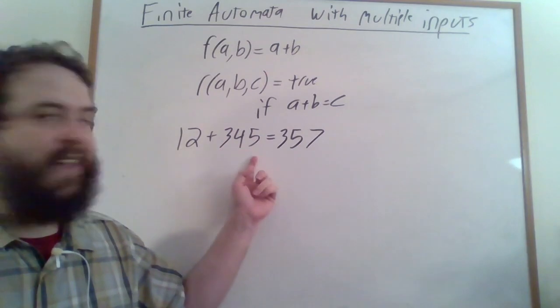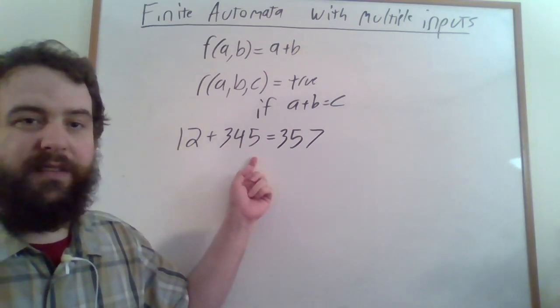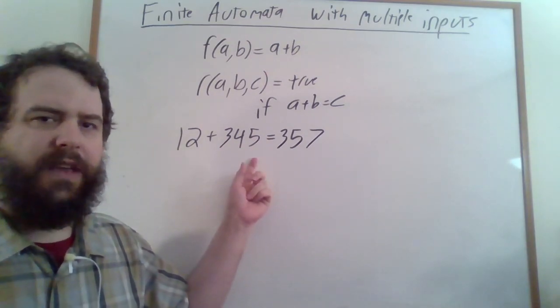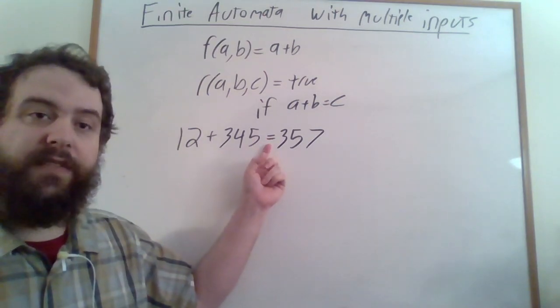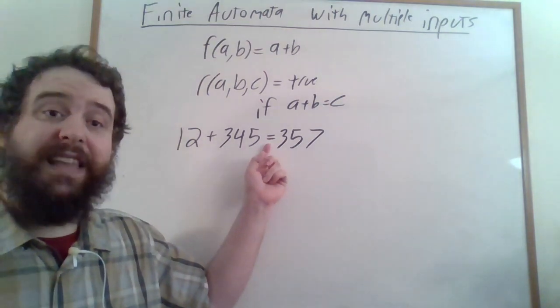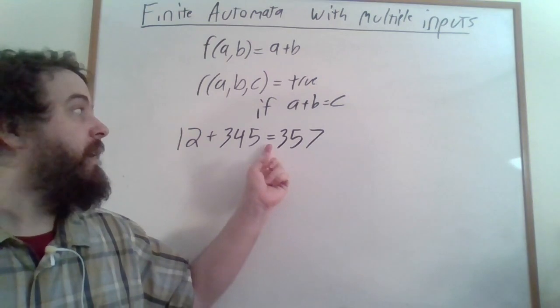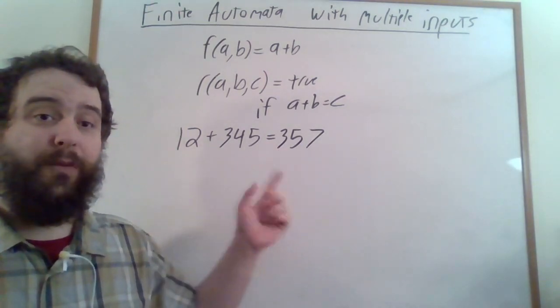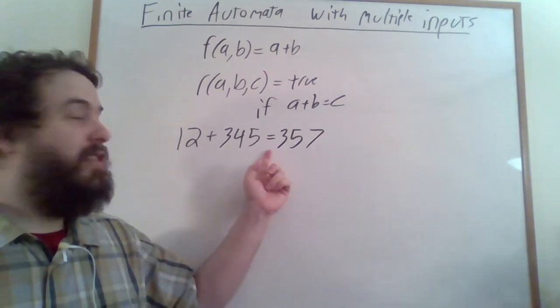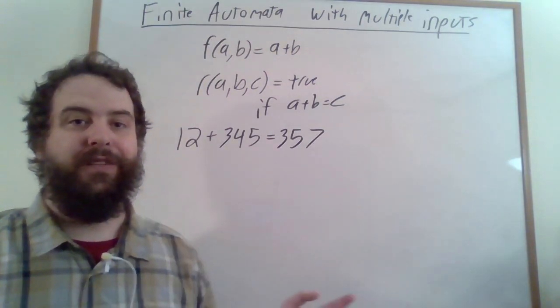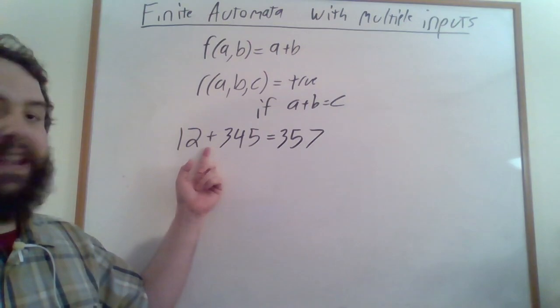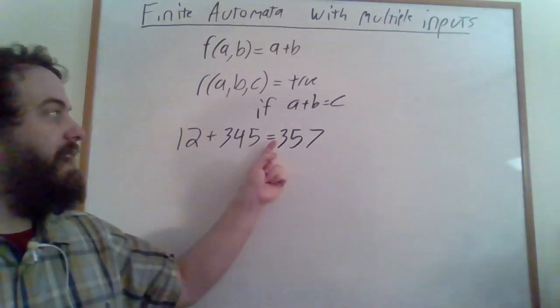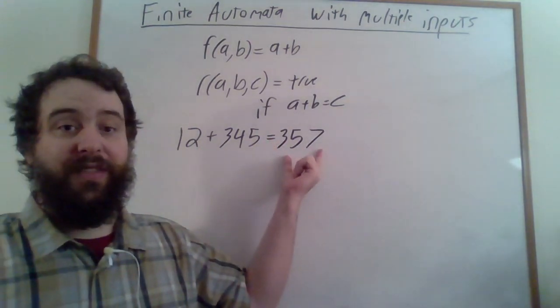As we read the second number here, we can start doing some of our calculations and throw out some of the information. But when we encounter this equal sign, we at the very least need to have in our memory the output number so that we can compare whether or not the thing that we're about to see is the correct output number. So at this point, we need to have enough memory to store this number, and at this point, we need to have enough memory to store this number.